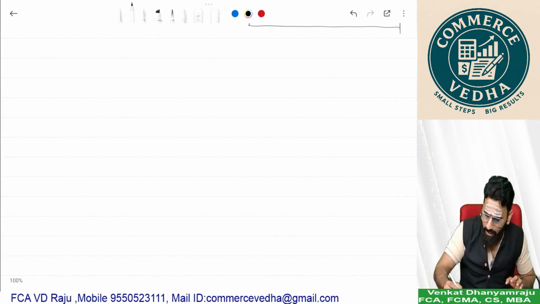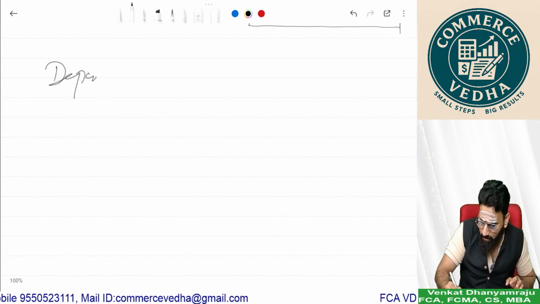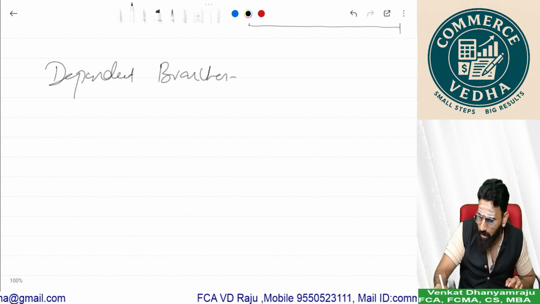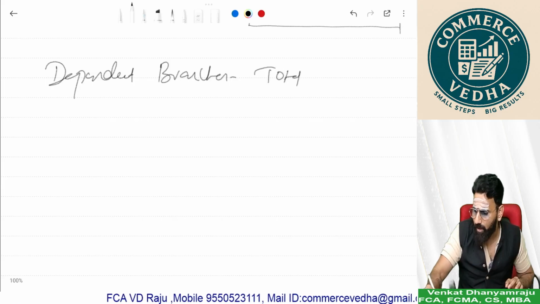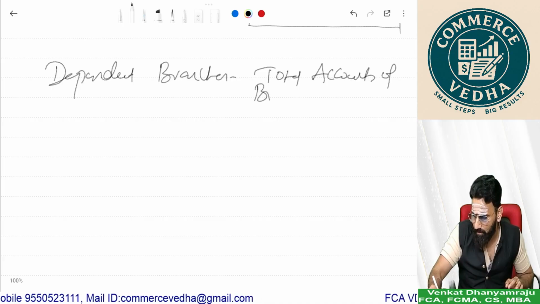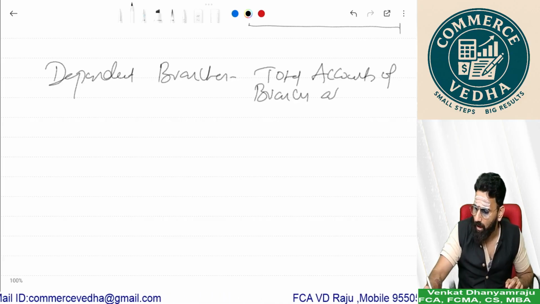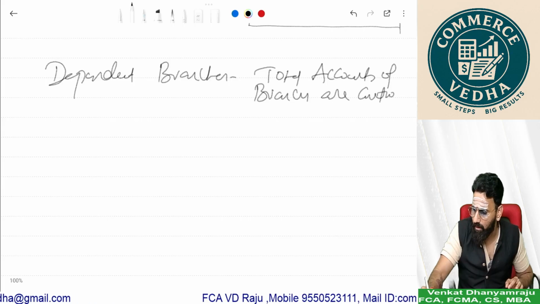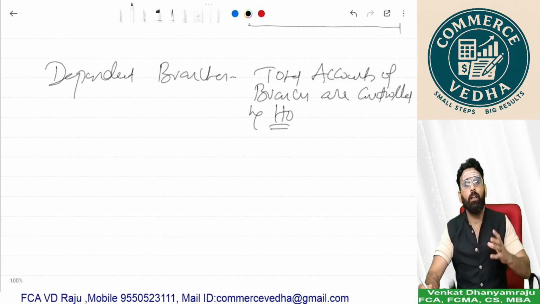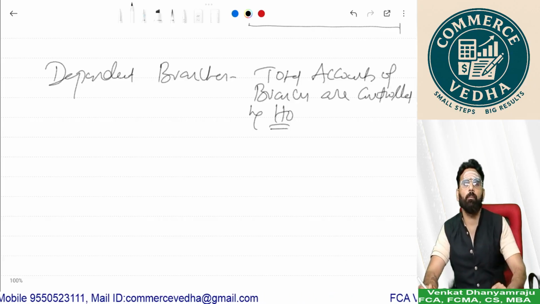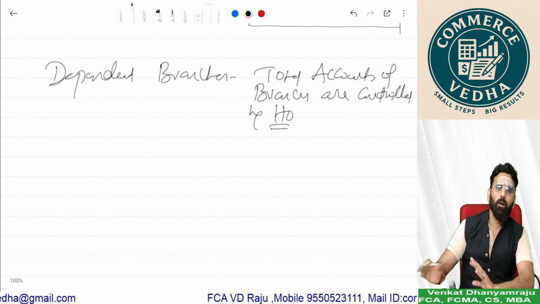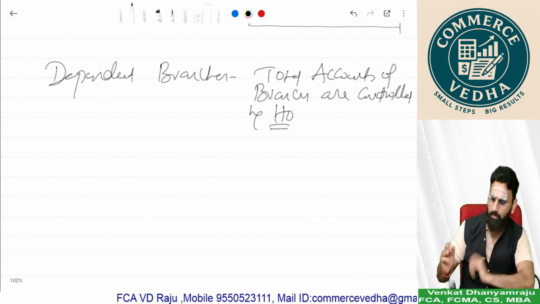Here in dependent branches, the total accounts of the branch are controlled by head office. Head office has full control on the accounting, because each and every transaction is recorded by head office with the small statements received from the branch from time to time.